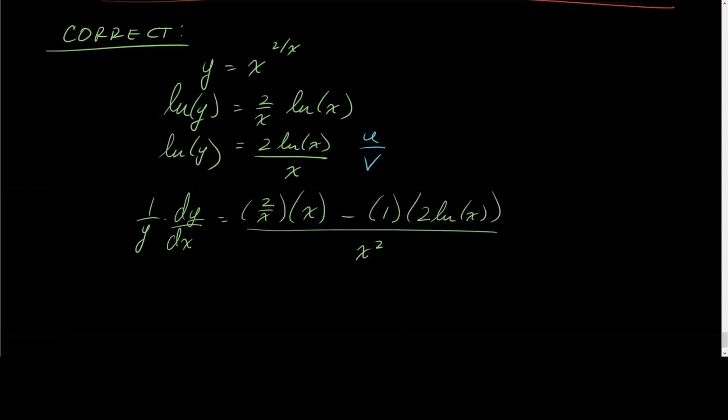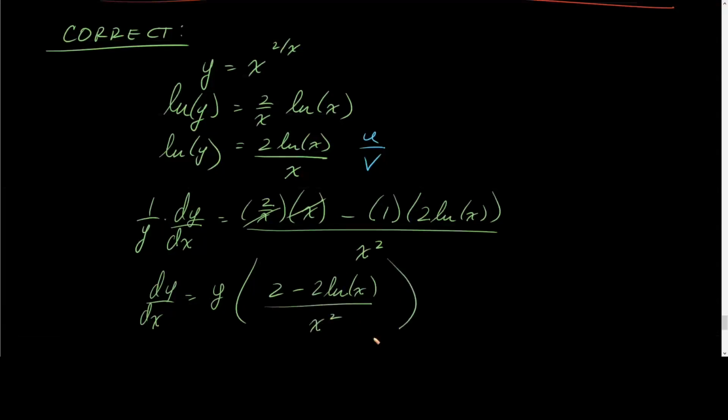So that gives me now that dy dx is equal to, multiply the y to this side. So y times, reduce this a little bit. So I have 2 minus, right? So that 2 is because these x's cancel out. So 2 minus 2 ln of x, all of this over x squared, right?